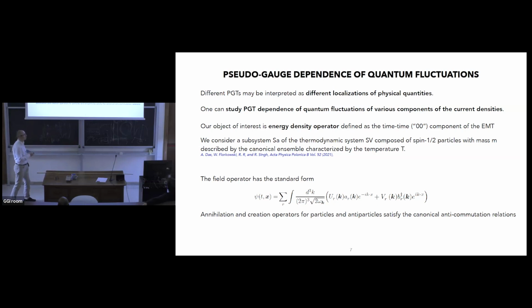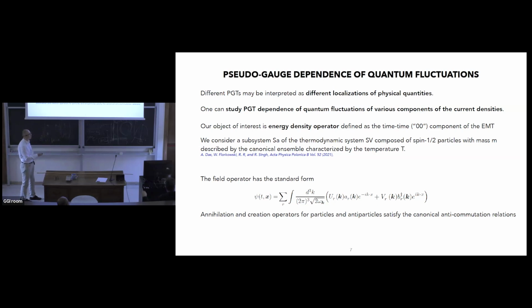And now we consider a subsystem of a thermodynamic system, which is in a thermal state and characterized by the temperature. It can possibly also be characterized by some chemical potential. And we just consider a system of spin-half particles with some masses.